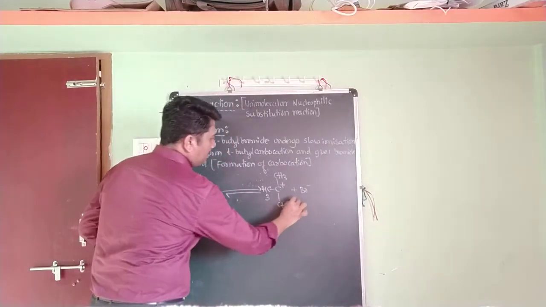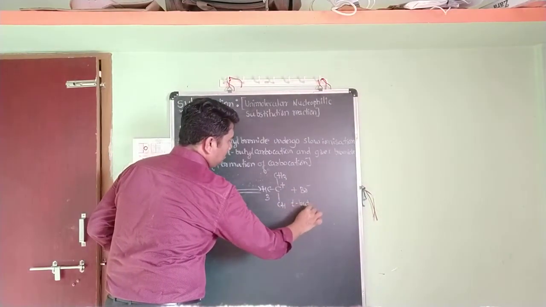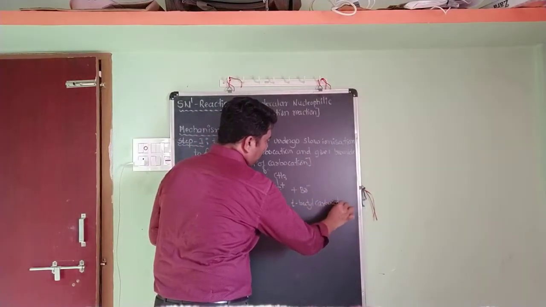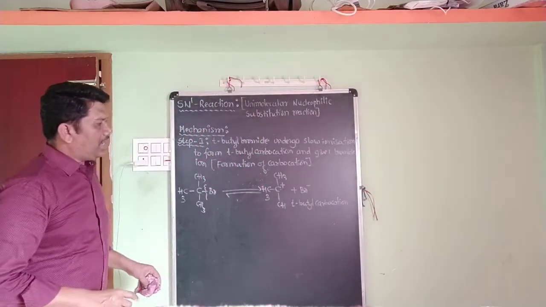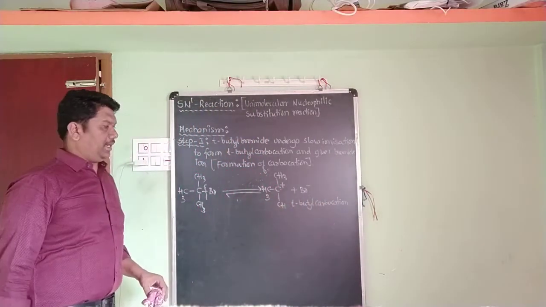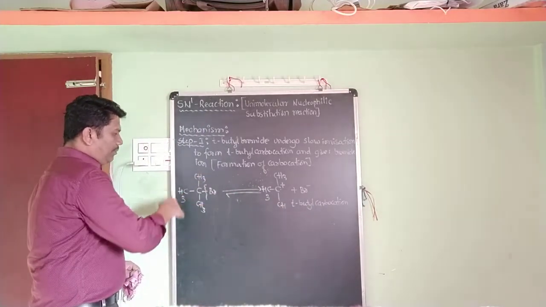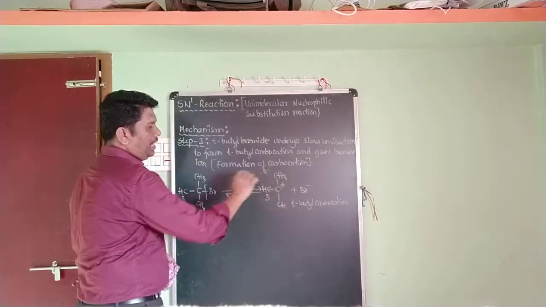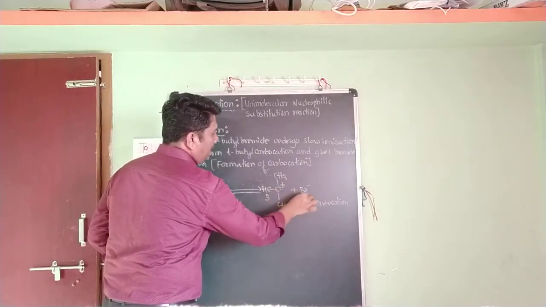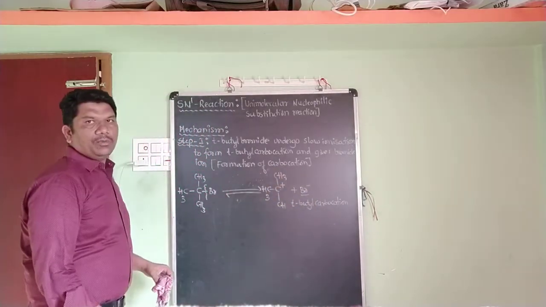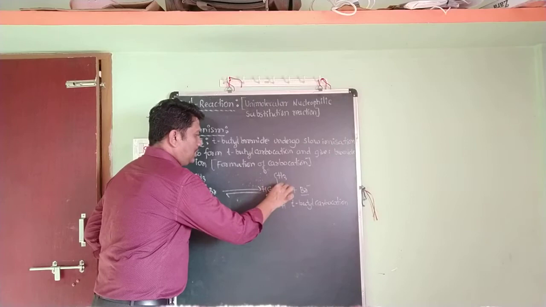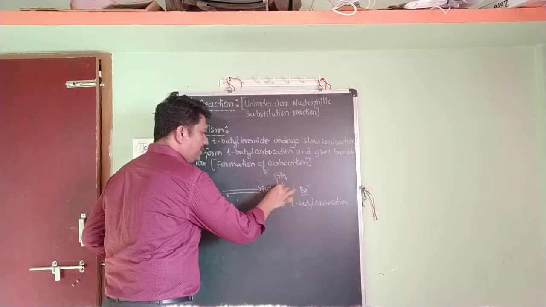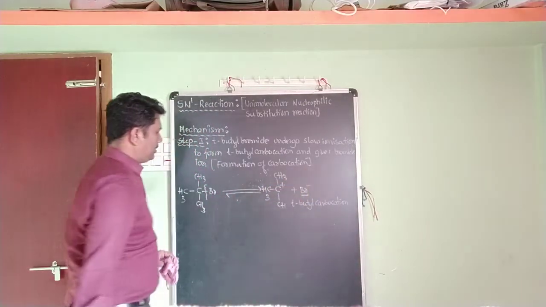This one is called tertiary butyl carbocation. So the first step is formation of carbocation. Now carbon is electron deficient, and this one is electron rich.